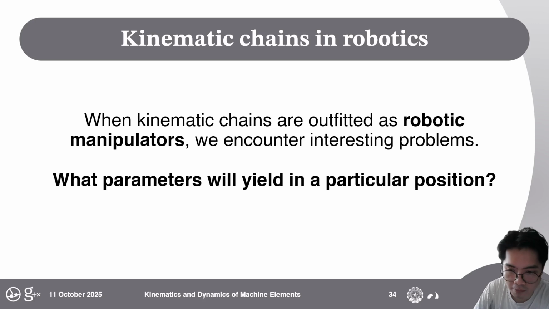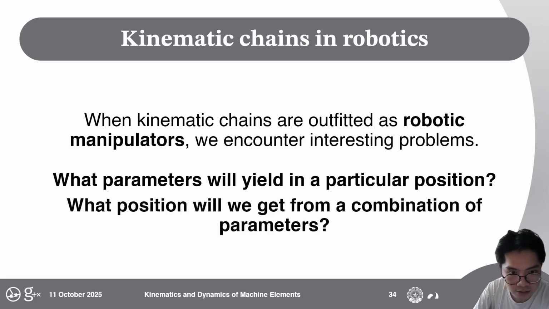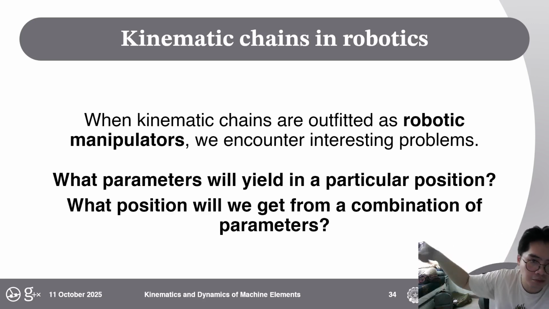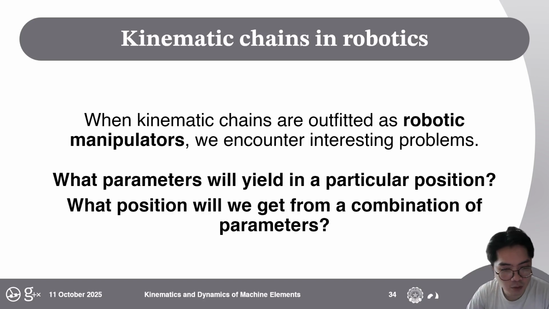On the other hand, the flip side is: if you get a bunch of joint angles together, what position and orientation will you get? So they are the opposites of one another. Kumbaga, the first one is you're trying to reverse engineer based on a position that you want. How will you get that position? What angles will you need to find?